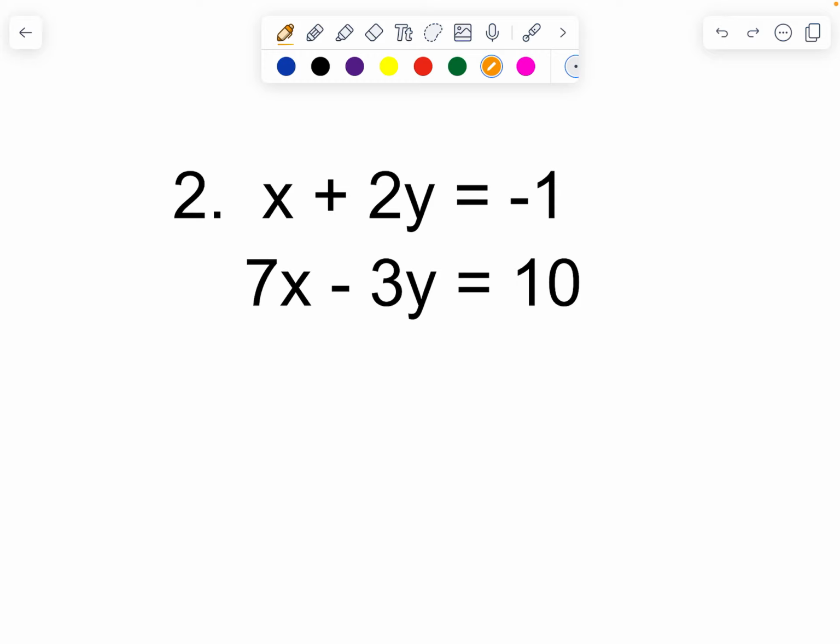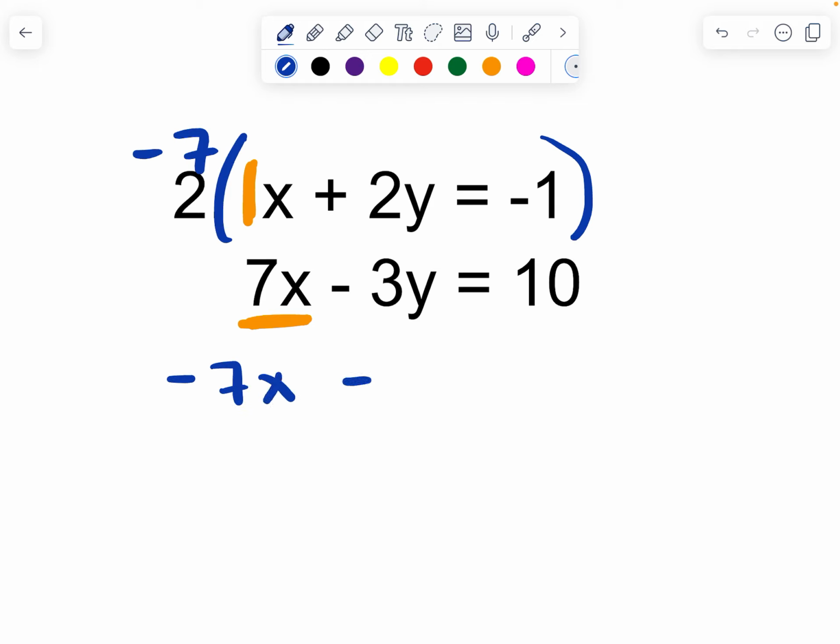No, they're not. But because this has a 1 right here, that will be a factor of any number. So I want the opposite of 7. The opposite of 7 is going to be negative 7. So I'm going to multiply the first equation by negative 7.